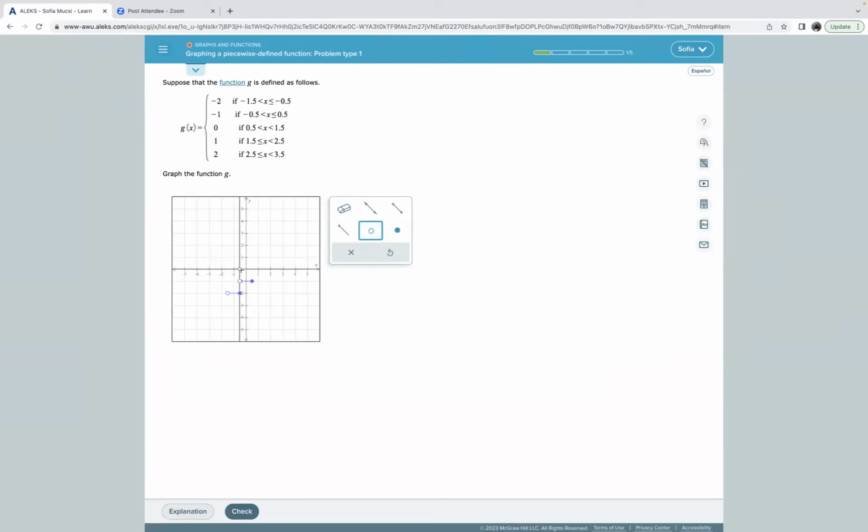Now we're at 0.5 to. Nope. You want to start at the positive 0.5. Oh, here. Yes. Positive 0.5 to 1.5. And those are both open because. Yes. Okay, gotcha.